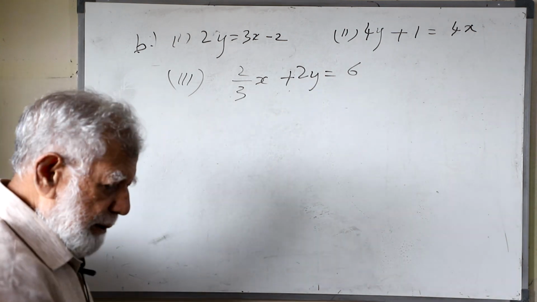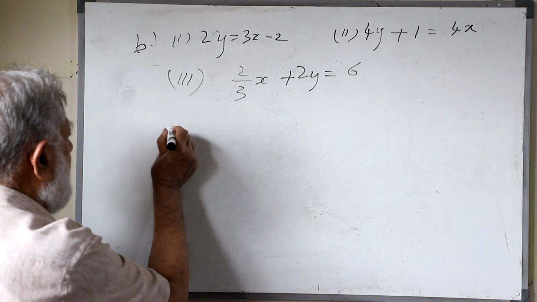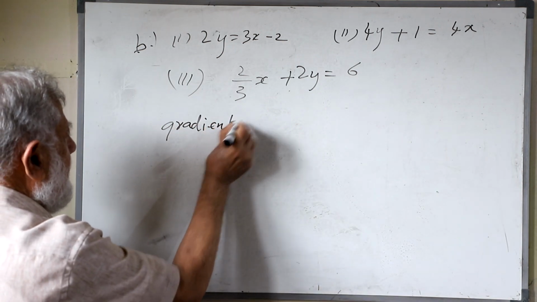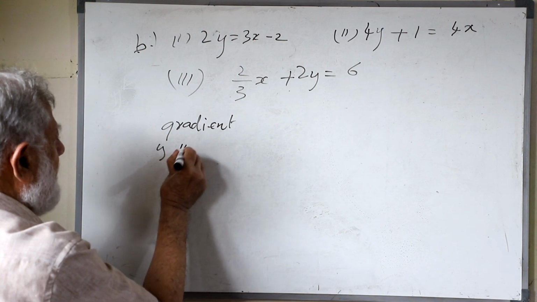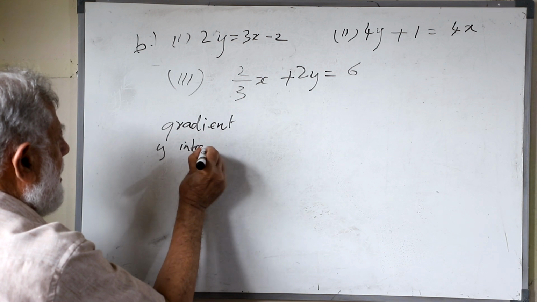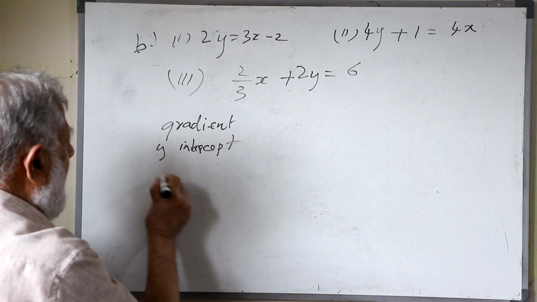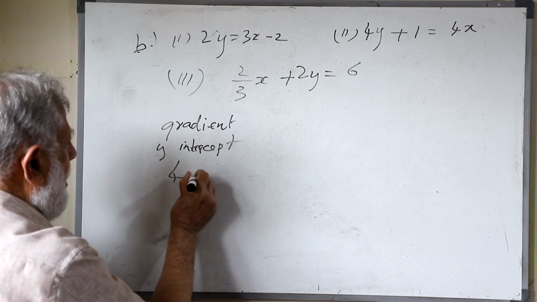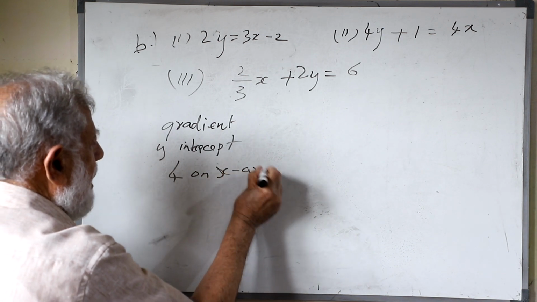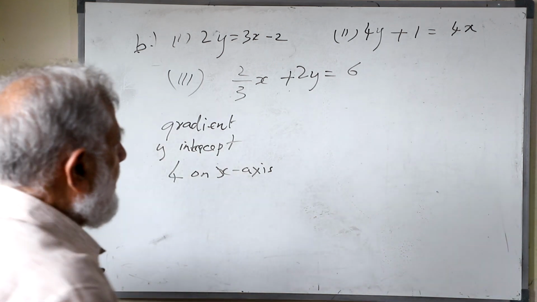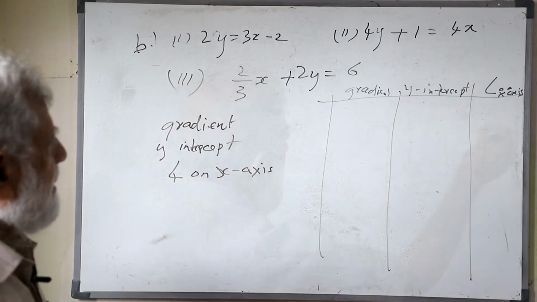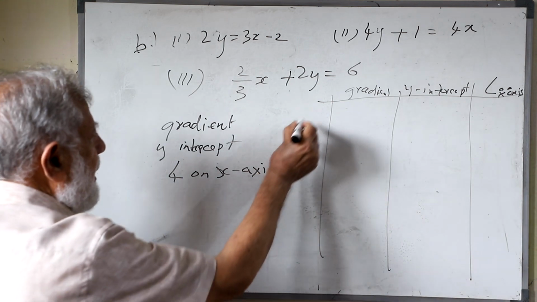Now, as before, you have to write down the gradient, y-intercept, and angle with the x-axis. We will make a table like the earlier one. So three things we will write down.